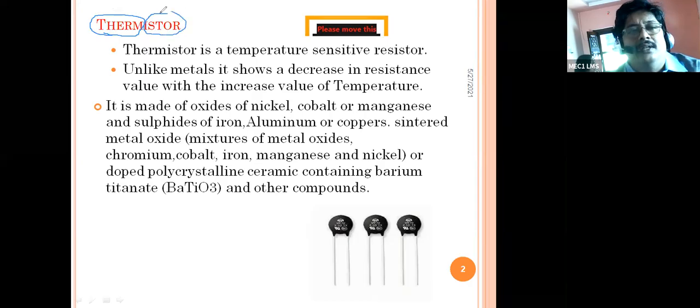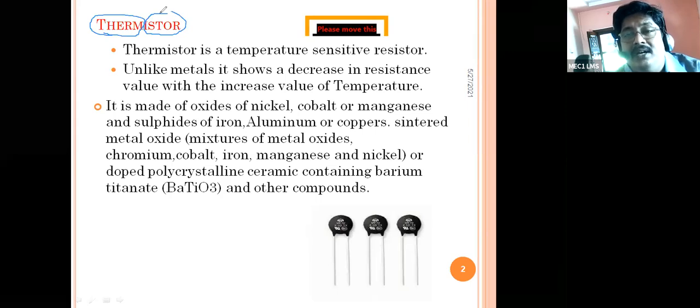Therm means thermal or heat energy, or the measurement of temperature. You can call it temperature. ISTOR means it is nothing but a resistor. Thermal plus resistor is nothing but thermistor.